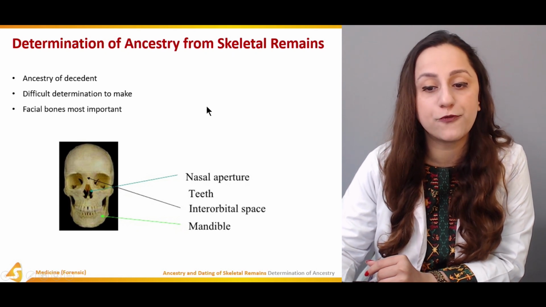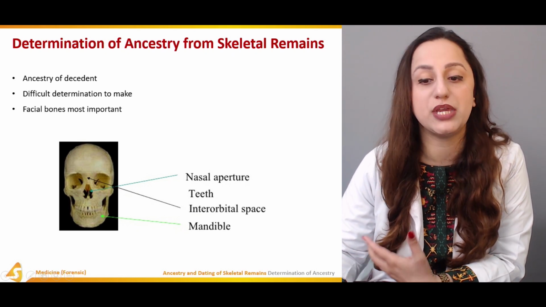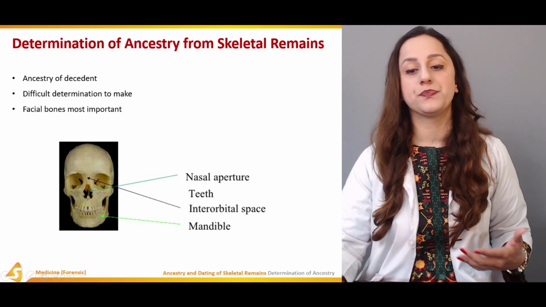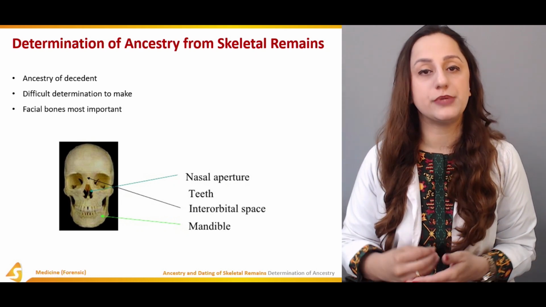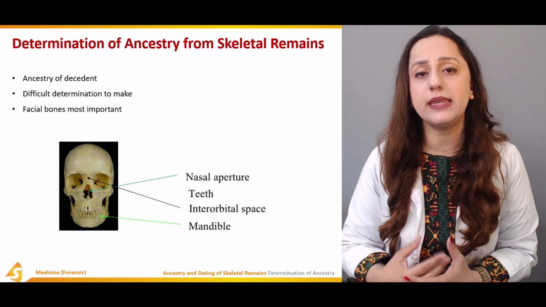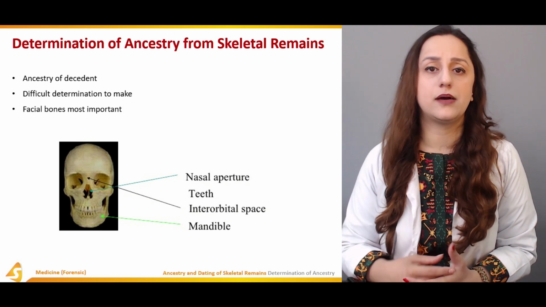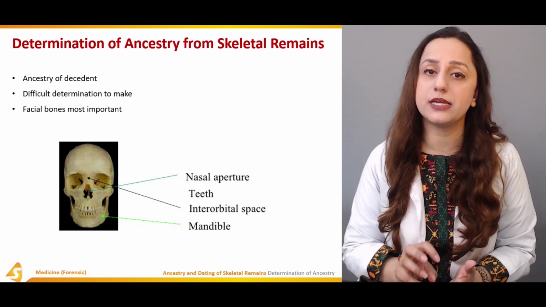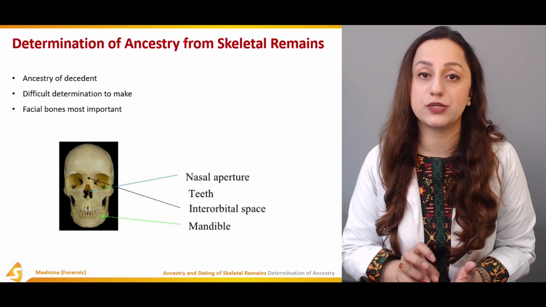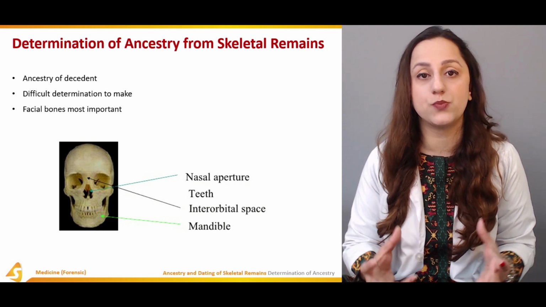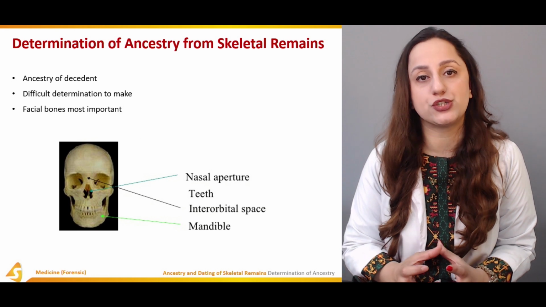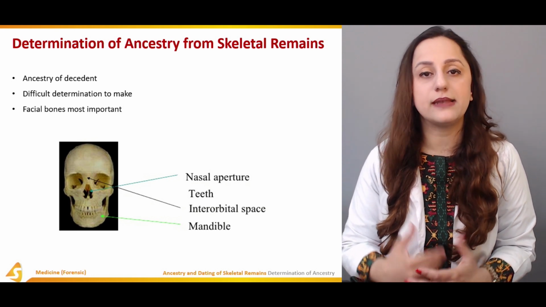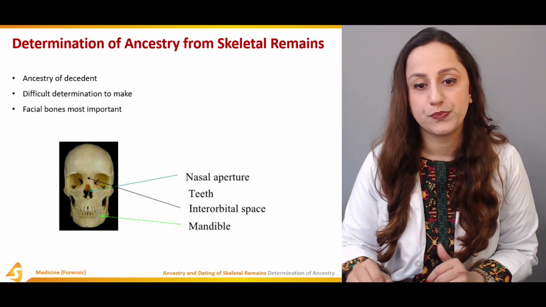These are the four main indices that we'll be discussing for the determination of the ancestry of any skeletal remains. Here we are sticking to the subject of a body in a skeletalized mode, not with the soft tissues and fresher parts. That is a much easier job to do.